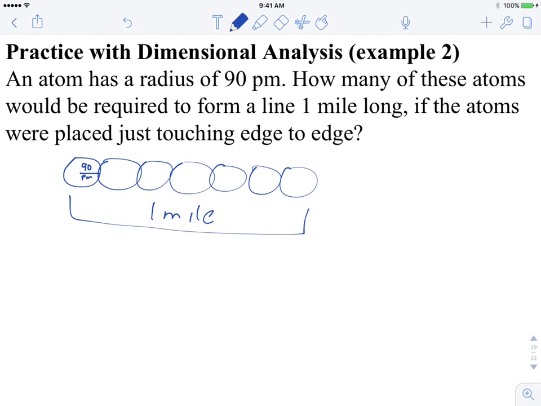Now when I look at this problem, there's a shape here. The shape is a circle. The circle has a radius. So the first thing I say is, well, each atom, how wide is it across? What's its diameter? Double the radius, 180 picometers per atom.